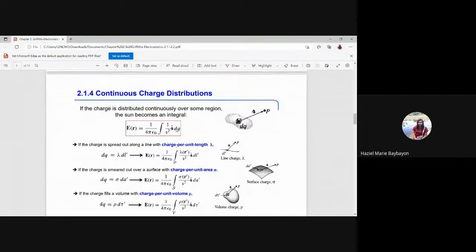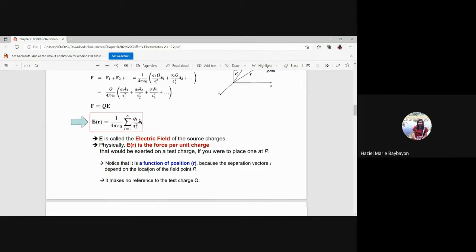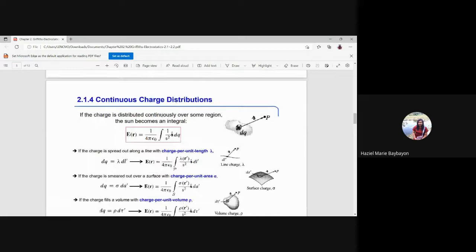Okay, so di ba kaganina, you have this one, the electric field is expressed as the sum of Qi's over R sub i squared. So if the charge is distributed continuously over some region, such as this one, the sum becomes an integral.